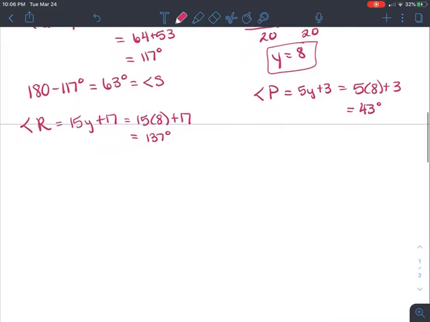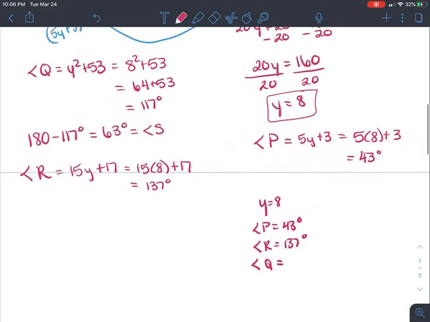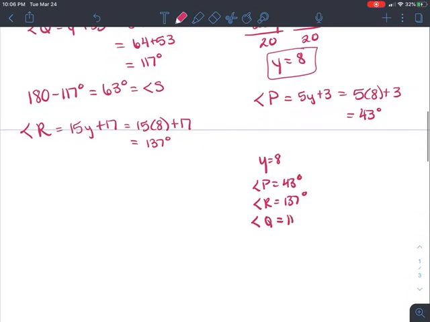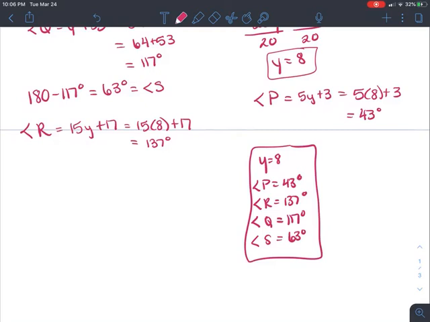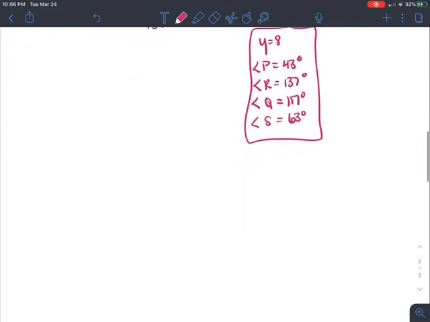In total, y equals 8, angle P equals 43 degrees, angle R equals 137 degrees, angle Q is equal to 117 degrees, and angle S is equal to 63 degrees. That's my answer for the first example.